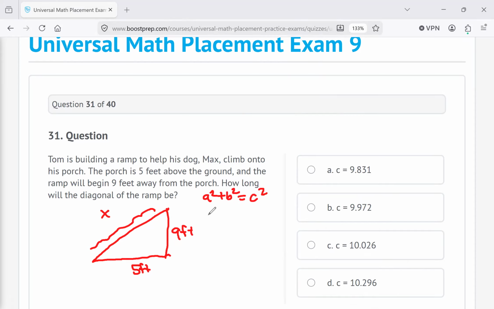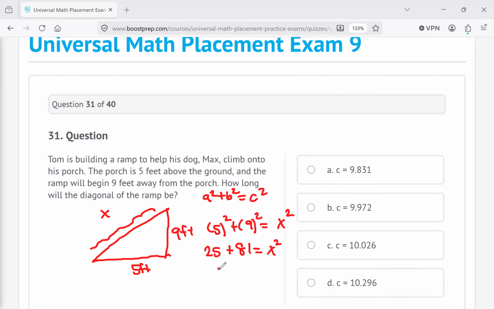So leg squared plus other leg squared equals c squared. So one of my legs is 5, so that's 5 squared, and then 9 squared equals x squared. So 5 squared is 25, 9 squared is 81, equals x squared. What is 25 plus 81?